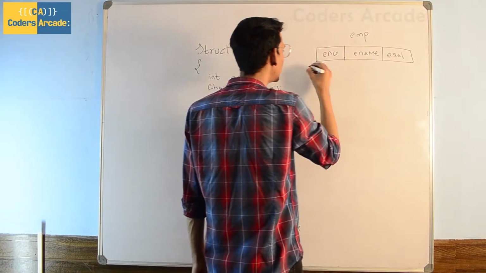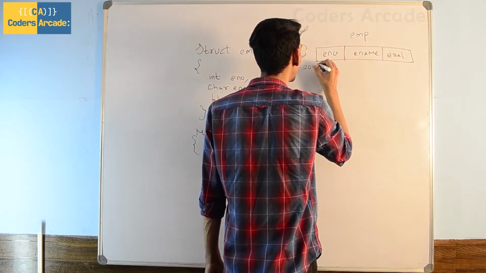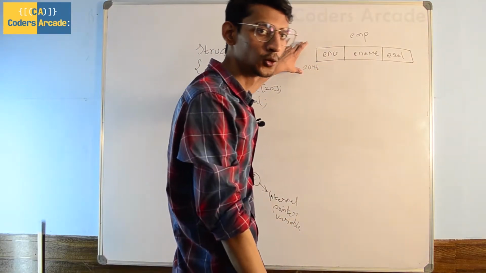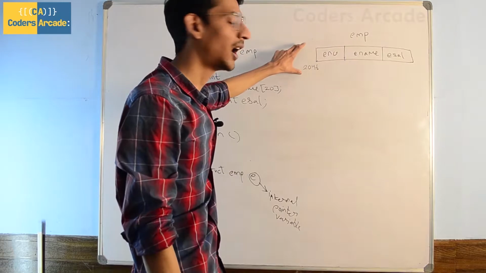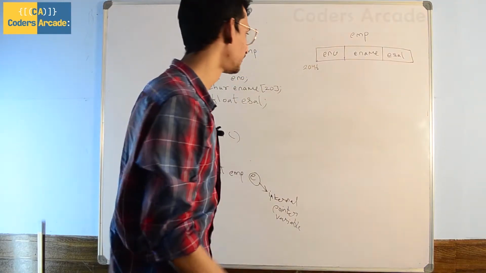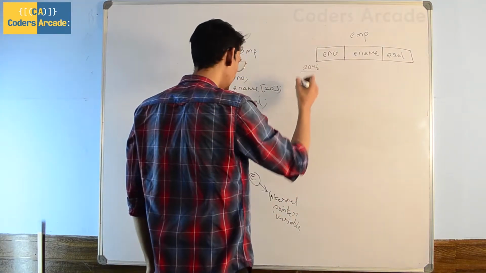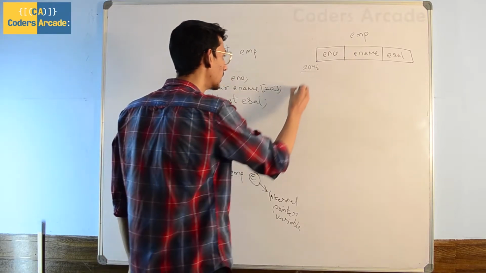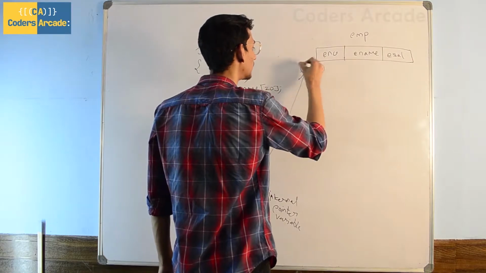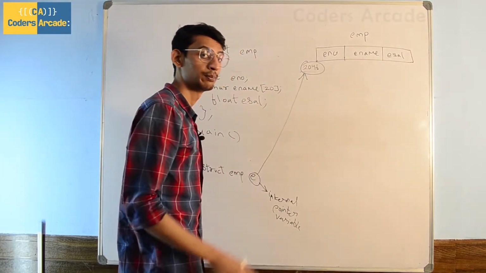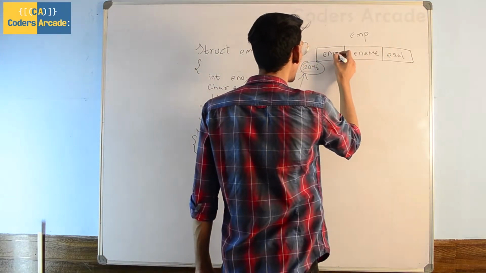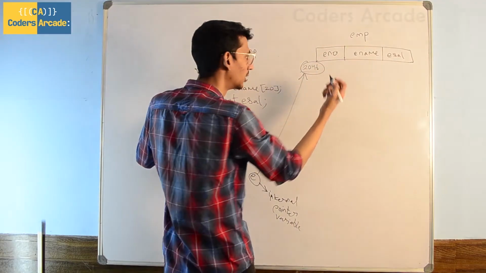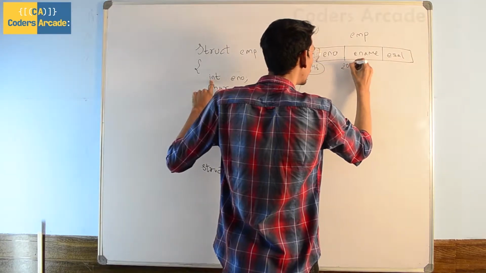Let's start with any random address, 2046. This is how it is going to be stored in our memory, or this is how it is going to get a memory allocation. We are starting from any random address. E, which is our internal pointer variable, will point towards the base address of our employee structure, followed by E number, which occupies 2 bytes because it is an integer, so it goes to 2048.